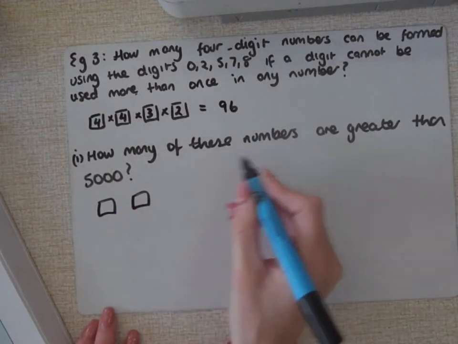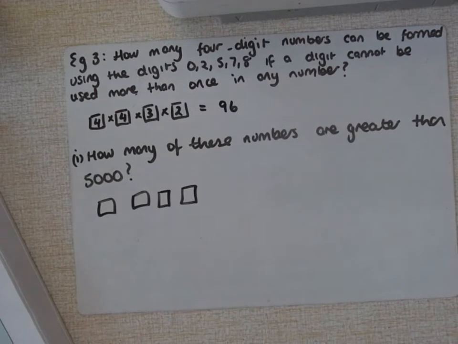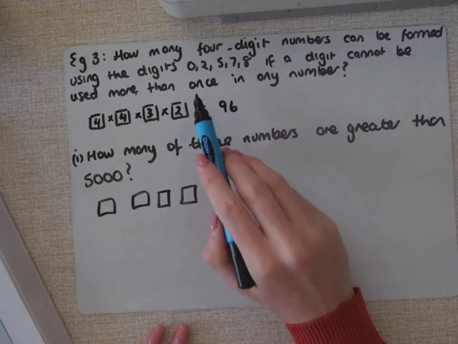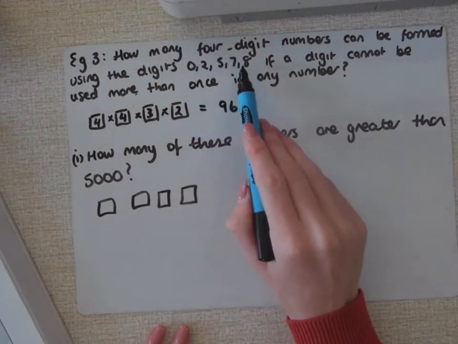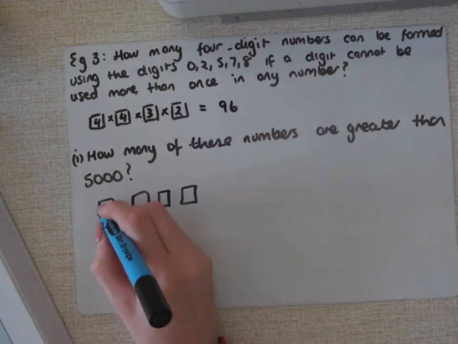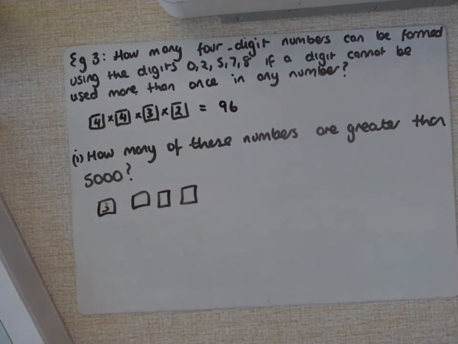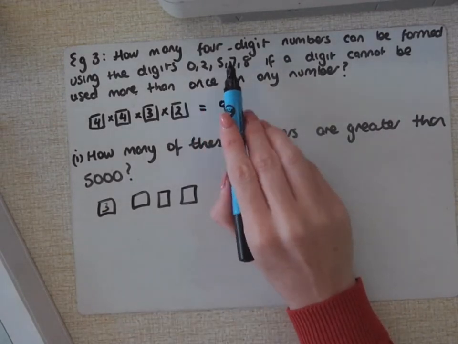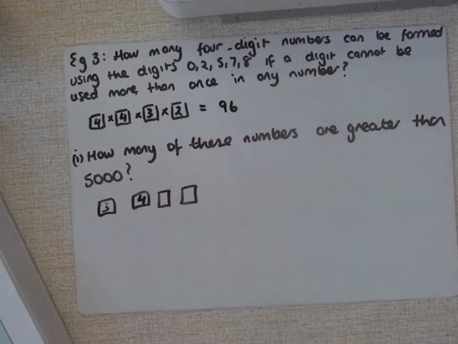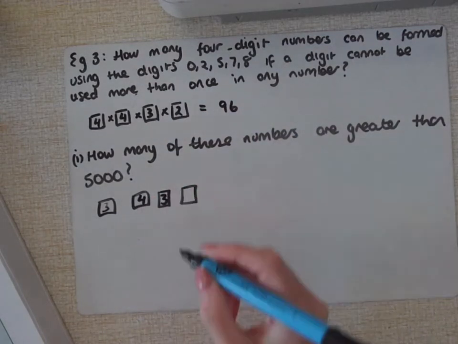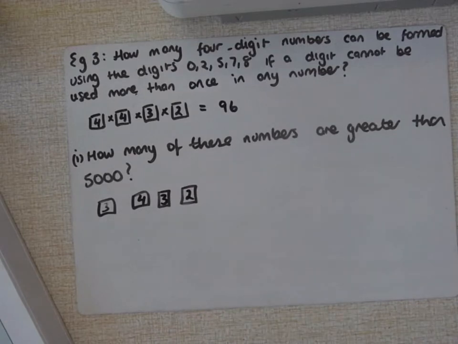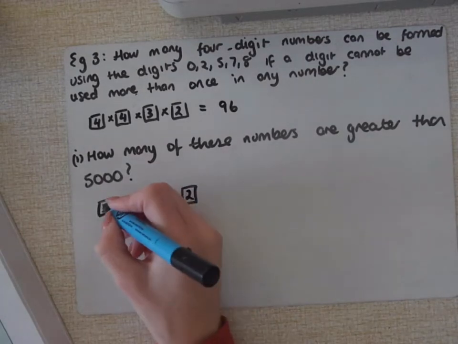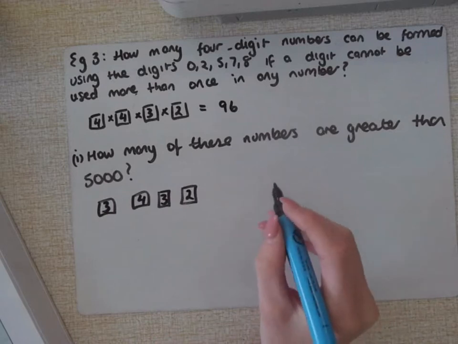If it's greater than 5,000, what can it start with, out of this list? 5, 7, and 8. So how many choices have I for the first one? 3. How many choices have I for the next one? I've used one of 5, 7, 8. So I've those 2, but I also have 2 others that I haven't used, so that's 4. Then I've used another one, I've 3, used another one, 2. Okay, so 3 by 4 by 3 by 2. So that's 72.